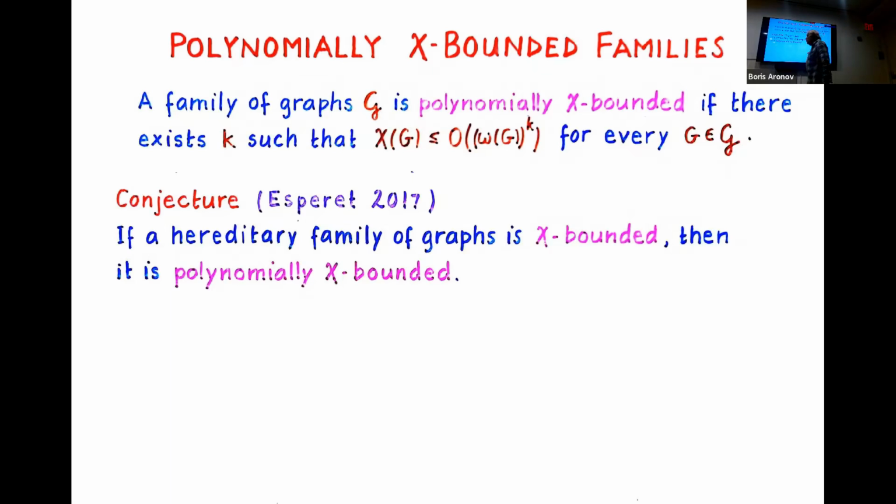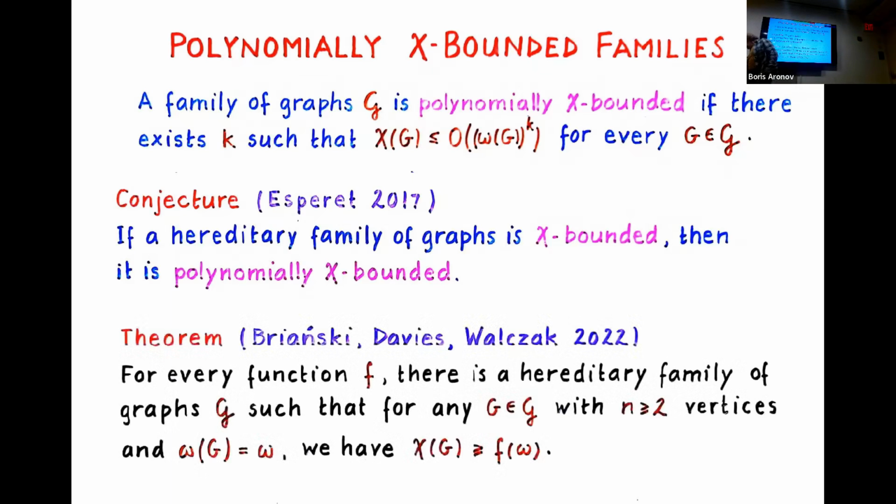Another very fruitful conjecture, and unfortunately, shortly after the previous paper by Spirkel and company was published, the same method, a very similar construction, was applied by Bryansky, Davis, and Walchuk to prove that for every function f, there is a hereditary family of graphs for which the chromatic number is at least f of omega.